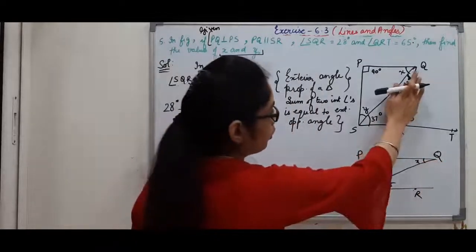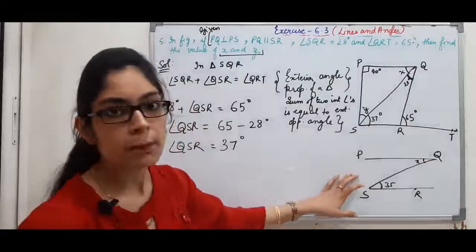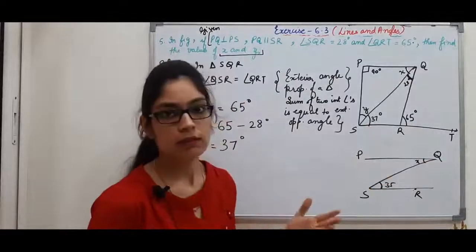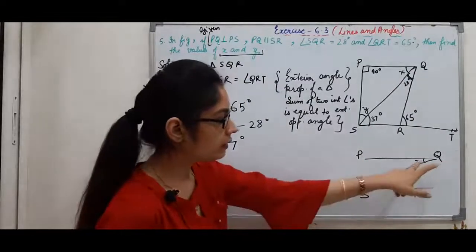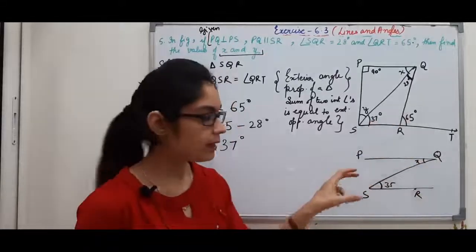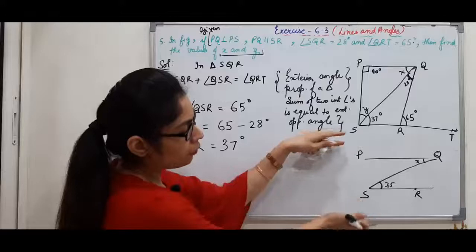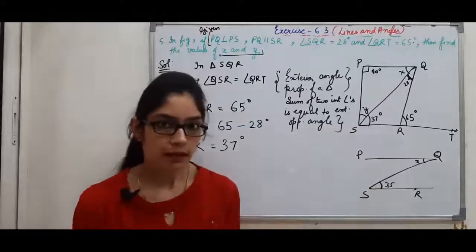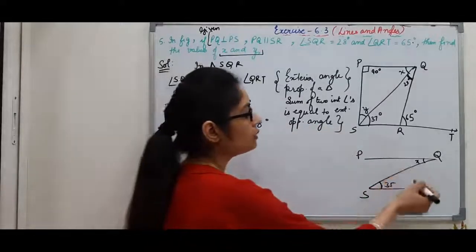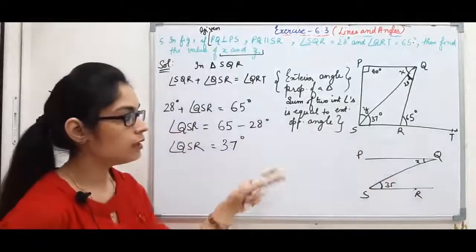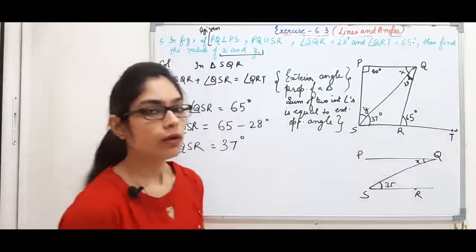I'm not drawing the whole figure, only the required part, to make things clear to you, that this angle and this angle which is equal to x are making a pair of alternate interior angles. You can see both of these angles are on the inner side of the parallel lines and on opposite sides of the transversal, due to which they are making a pair of alternate interior angles.